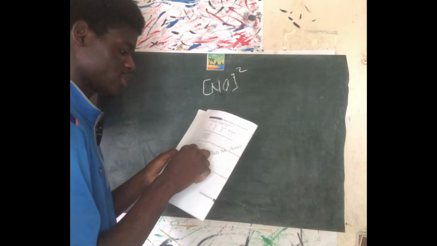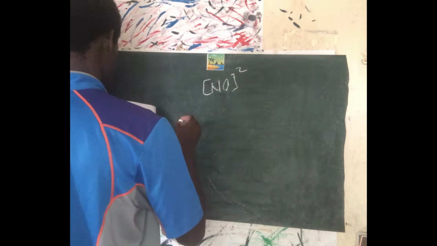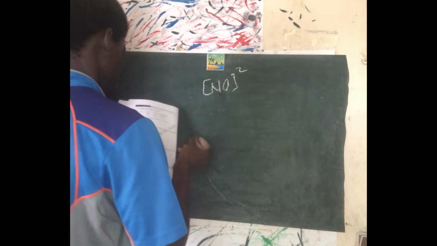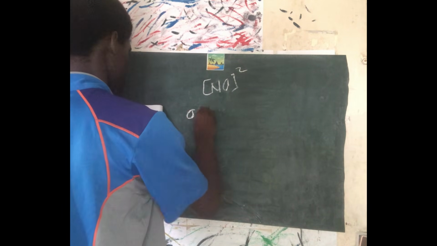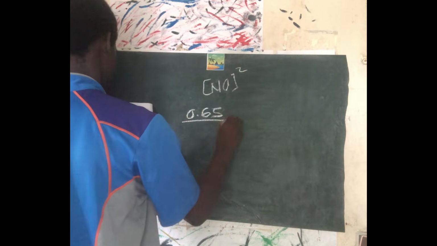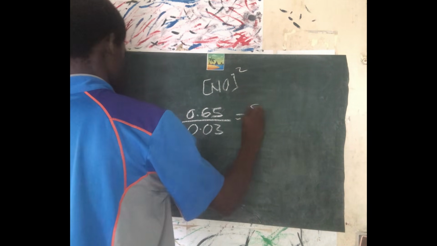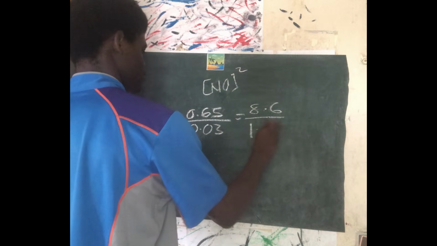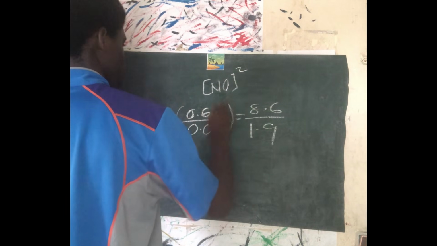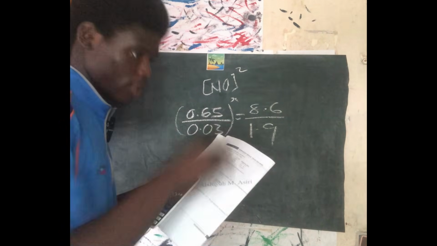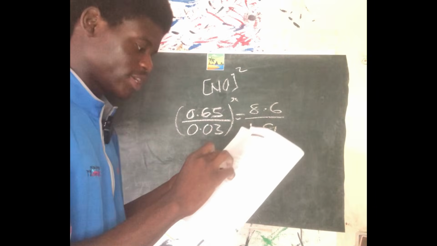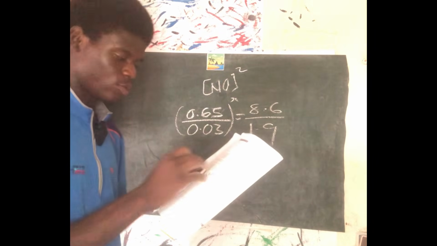Let's use experiment 2 and experiment 3. That will be 0.065 over 0.032 is equal to 8.6 over 1.9 raised to the power x here. I'm just taking the value. Since nothing is constant, we just take the value of any one.